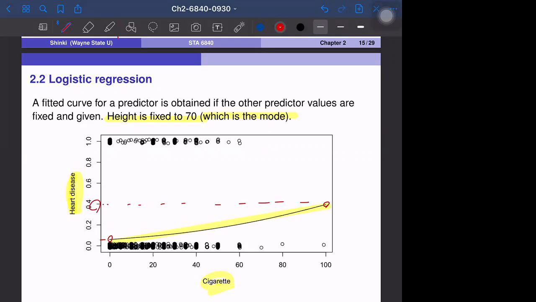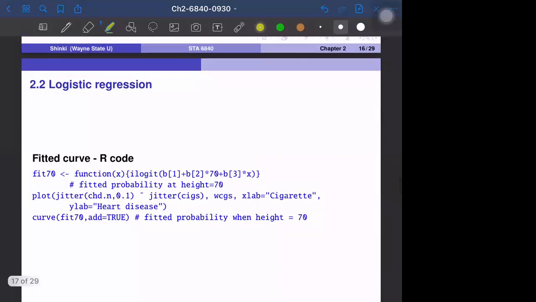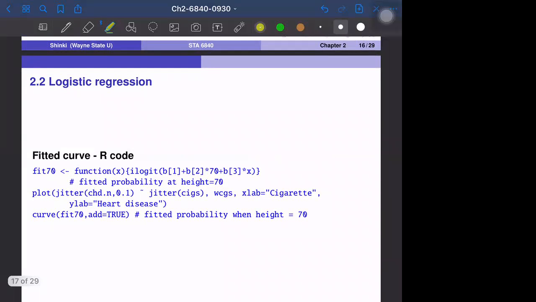Even though we don't have any observations around here, especially for no-heart-disease patients, based on our model assumption, if you smoke 100 cigarettes per day, then the estimated probability becomes 40%. The next slide explains how this figure is generated.